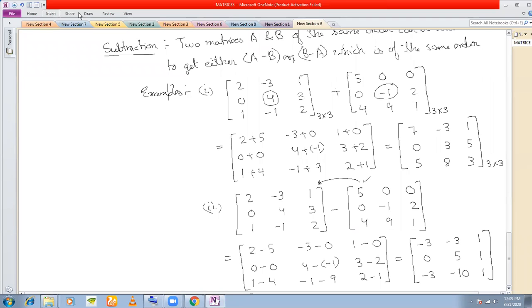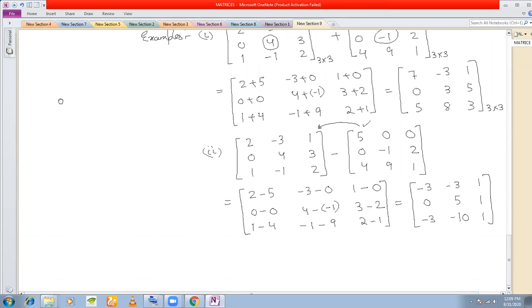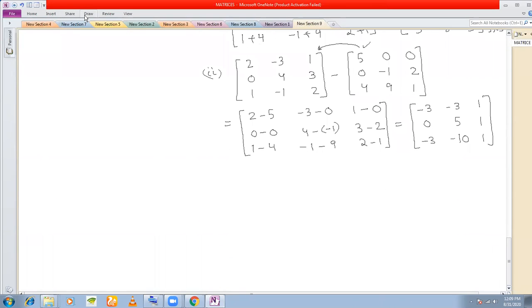So this one will be your scalar multiplication.